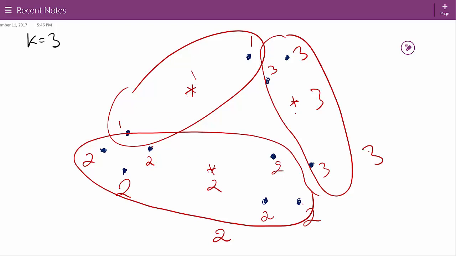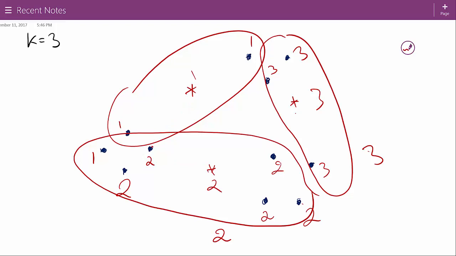So let's leave it at 2. This number 2 right here, okay? It's kind of a tough call, right? Let's say that 1 is closer, okay? So 1 over here. This one I believe is still 2, right? 2 is closer. Okay, cool.